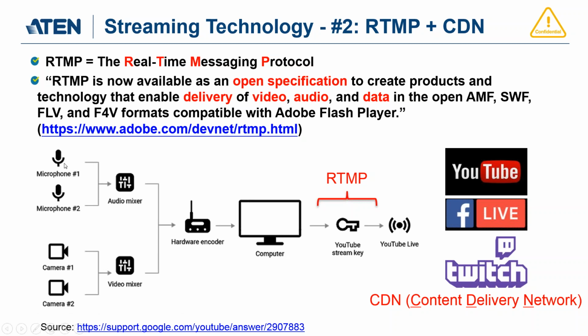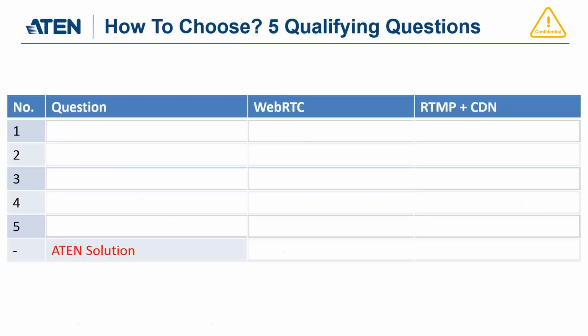Here you can see there are microphones that can go into an audio mixer, and cameras that can go into a video mixer. You may need some kind of hardware encoder to put them all together, and then utilize the computer to access the internet and send to the CDN servers through RTMP.